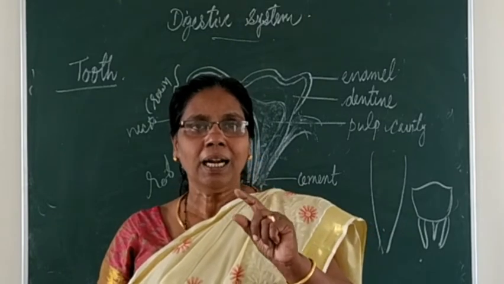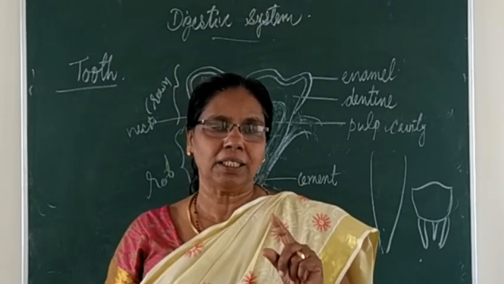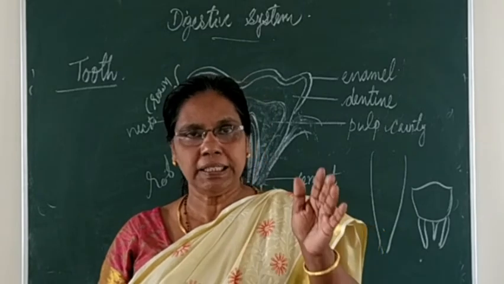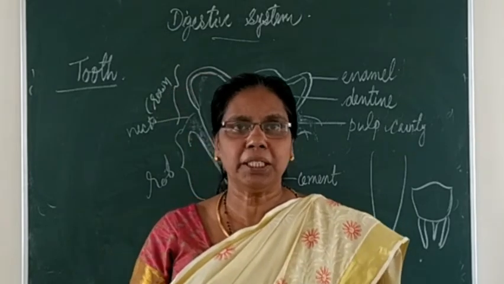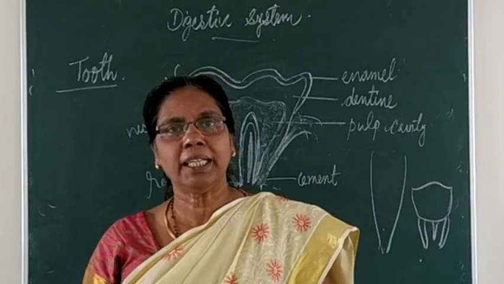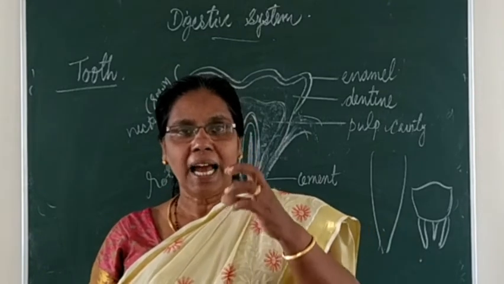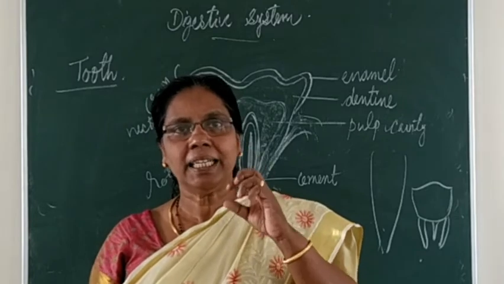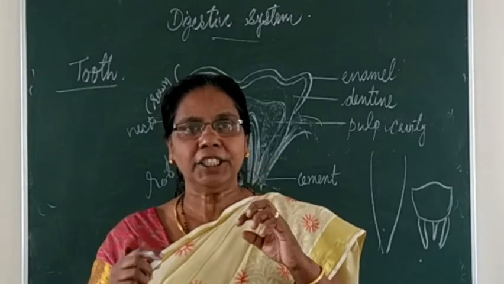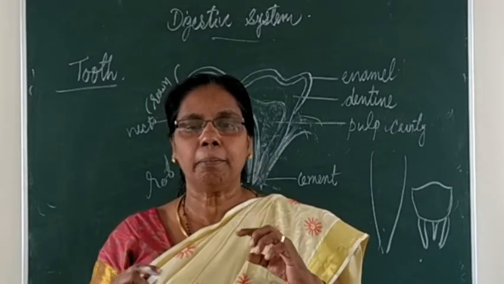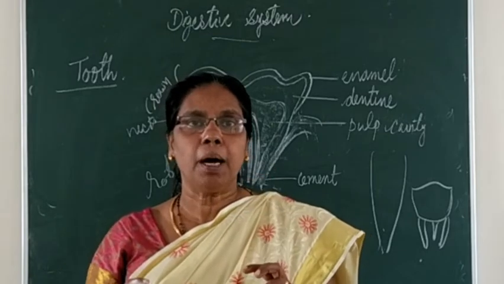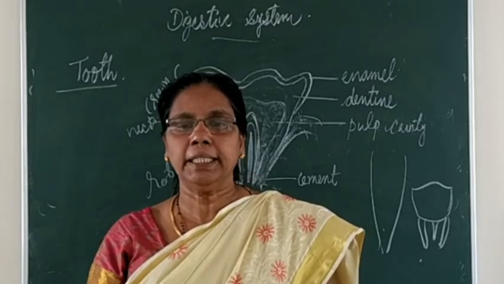So these are glands with a duct, that is, exocrine glands. We will study afterwards the two types of gland, one is exocrine and the other is endocrine gland. These glands have ducts and they secrete their secretion, that is saliva, into the mouth, which keeps the mouth wet always.